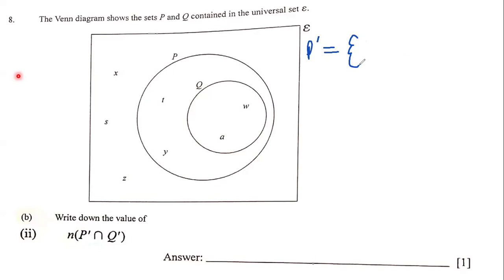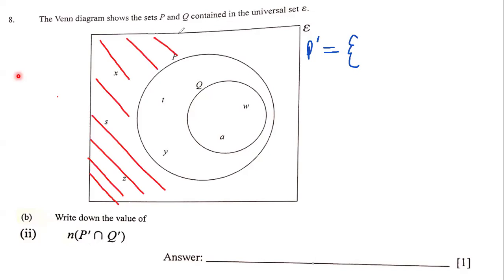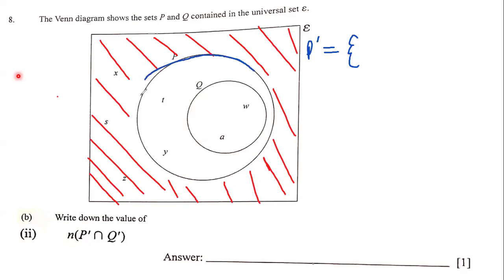All of the elements in the universal set except for P. So P complement is going to be all of this, all of this, except for P. We can't include anything inside the circle. That's P. So P is not included.